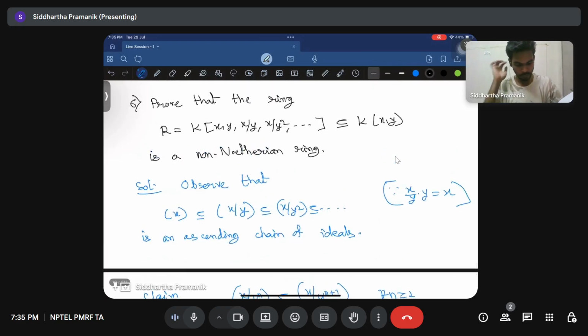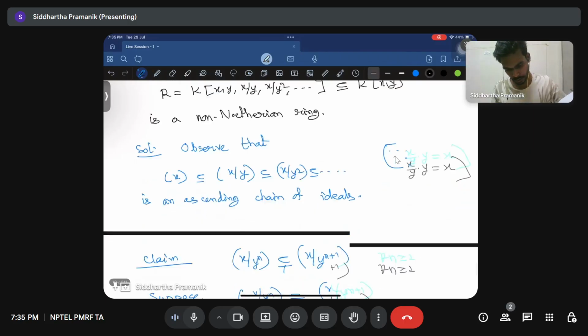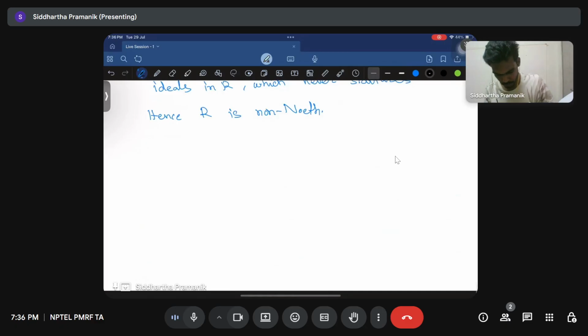Okay, let's move on to another part, monomial ordering. So I should do one more example of monomial ordering, which is the graded reverse lexicographic order.